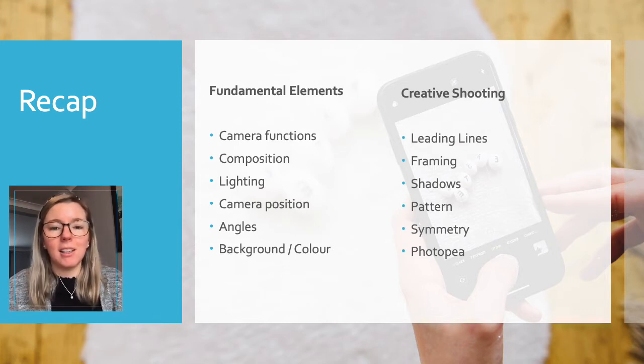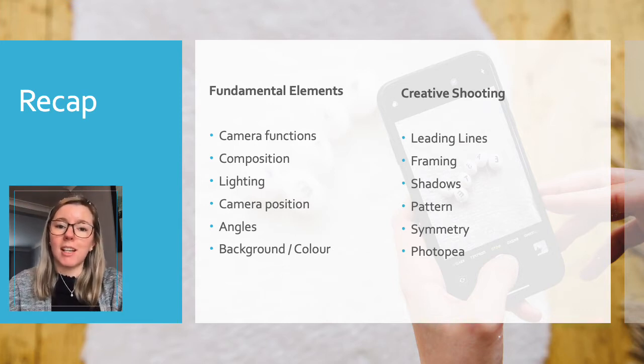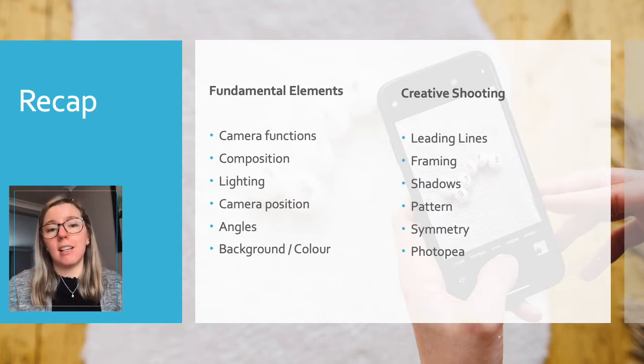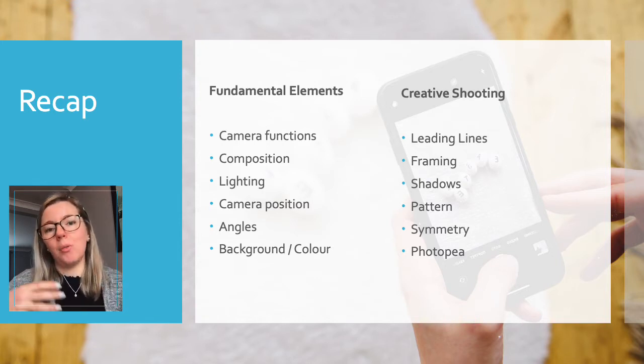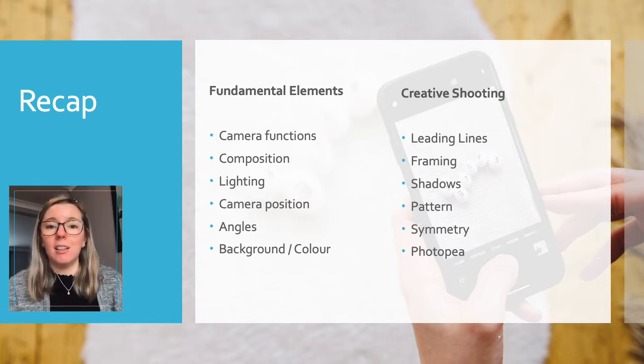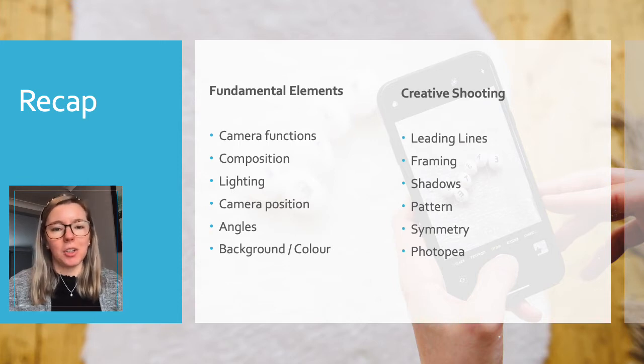And then secondly, we've got the creative shooting styles which we considered later on in the project. So while you set up your photograph, have a think about how you can shoot in a different style to give it a bit more of an eye-catching and successful final outcome.